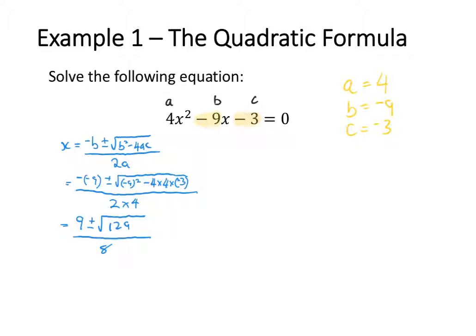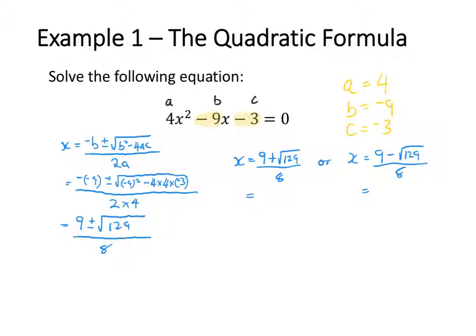Now once I get down to this point, I split my equation and it becomes x is equal to 9 plus the square root of 129 over 8, or x is equal to 9 minus the square root of 129 over 8. And then to solve, I'll put each of those calculations into my calculator.